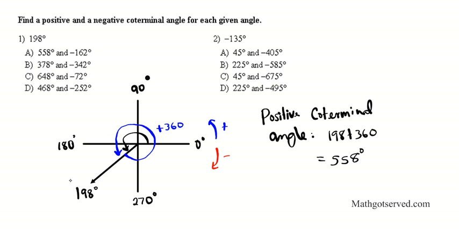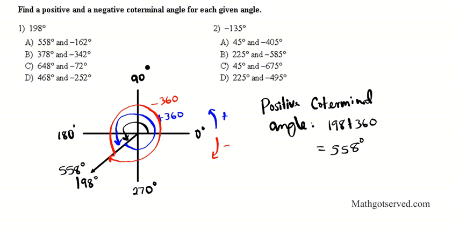So the first positive coterminal angle is going to be 558 degrees. All right? And to get the negative coterminal angle, we start from here and go clockwise. Remember, clockwise is negative. So we're going in this direction, around like this, to there. That is subtracting 360 degrees to get the negative coterminal angle.